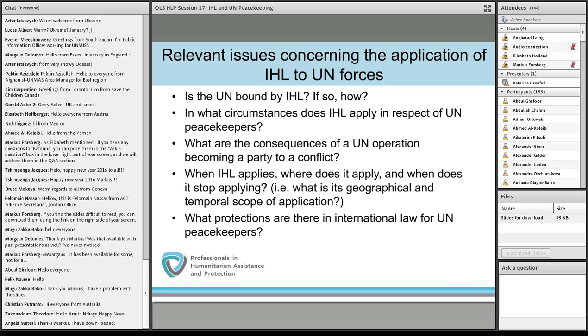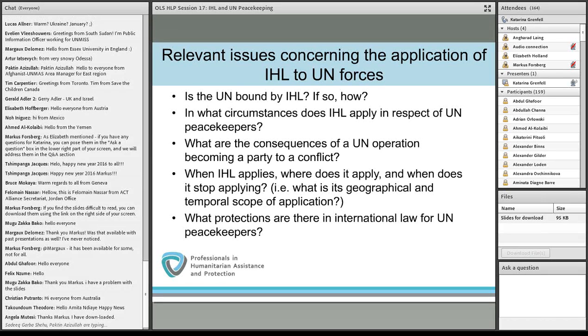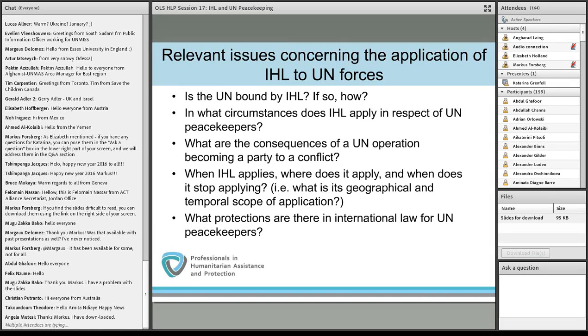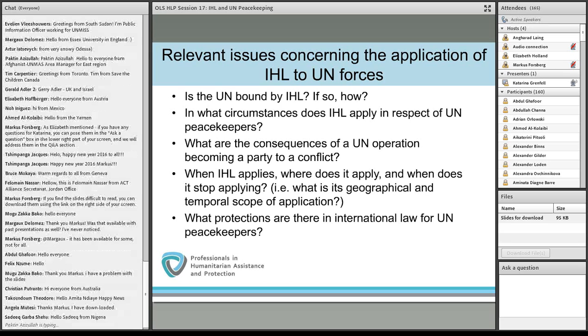The threshold for a non-international armed conflict involves two general criteria that must be satisfied based on the facts on the ground. The first of these is that the hostilities must reach a certain level of intensity, and the second is that the armed group should possess a certain minimum level of organisation.